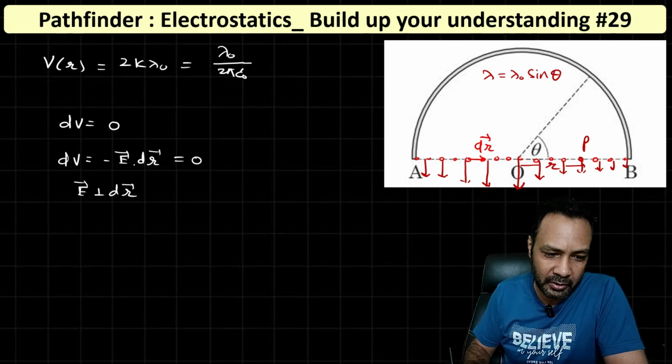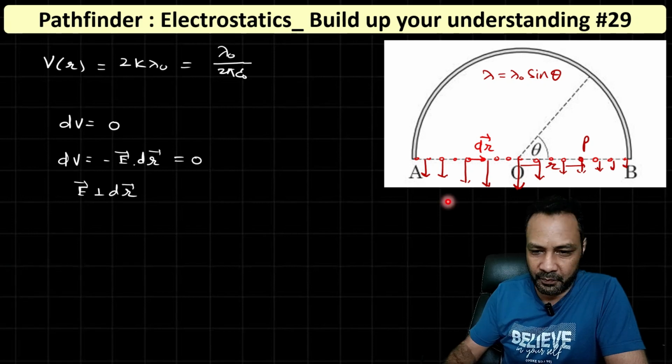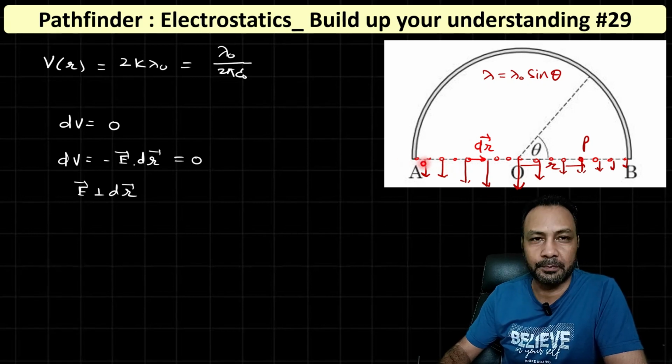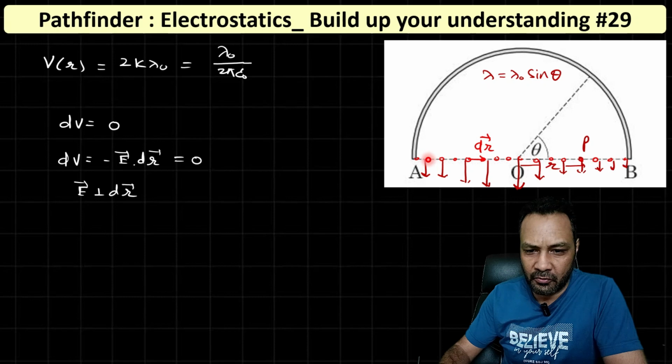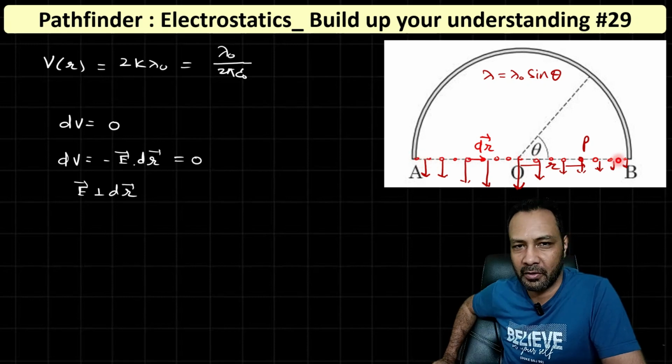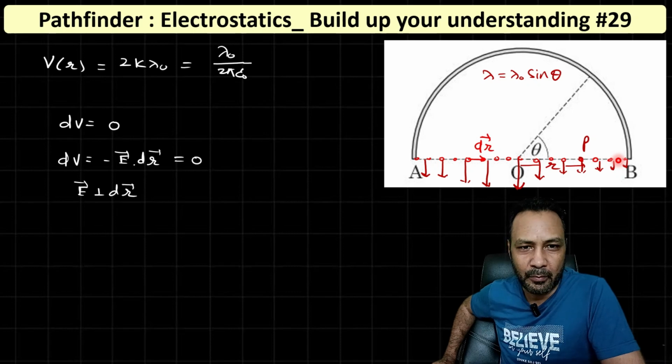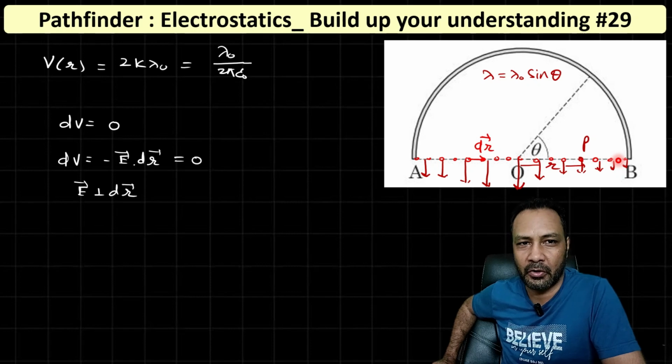Suppose an external agent takes some charge from some point on the diameter from here to here, slowly, what is the work done by that? So the answer will be 0, because there is no change in potential, so there is no change in potential energy. So that's a very good question.